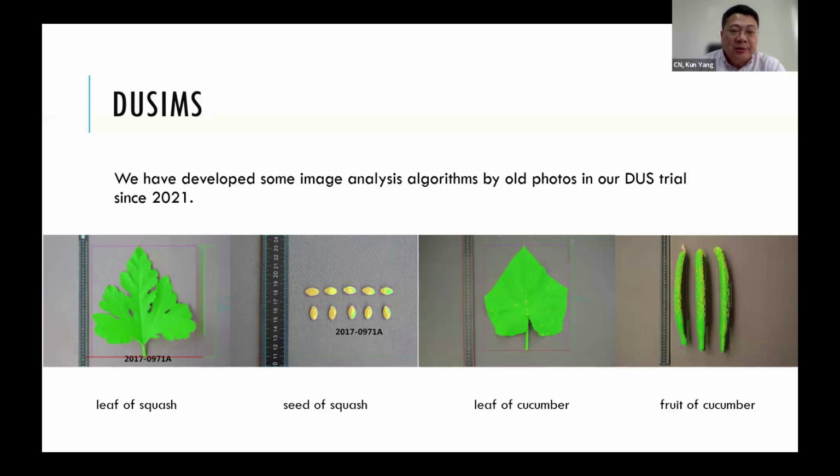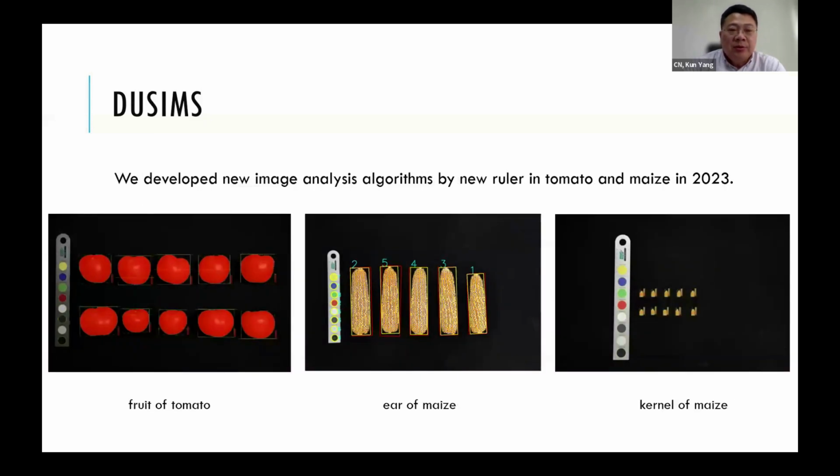So next. Later on we developed a ruler with 8 color circles. By that we could easily get the size and also the color calibration, and then we got what we wanted. Next.